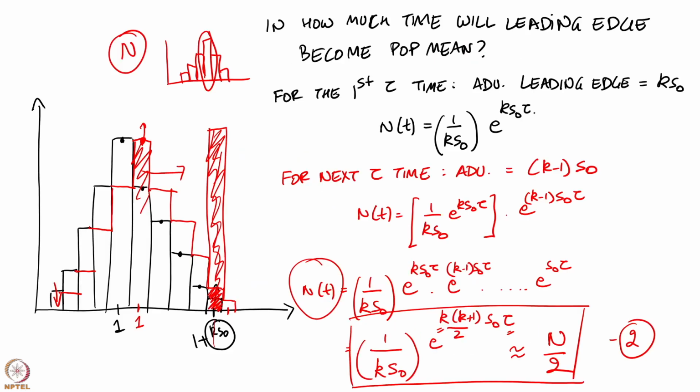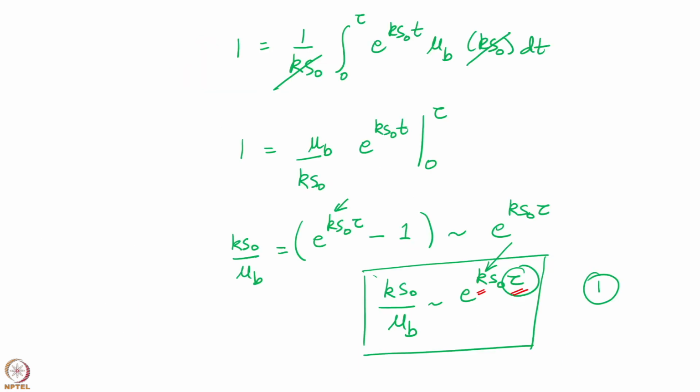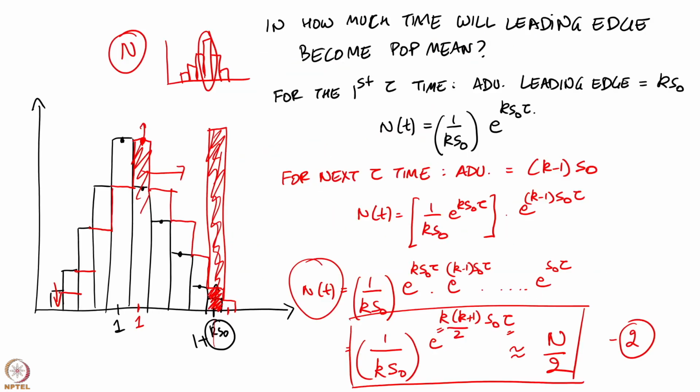In the exercises for this week, we will have several values of N, S naught, and in this case mu b, and that will give us a sense of how wide these distributions are and what the typical values of k and tau are, and that will give us an idea of how fast these waves are moving to the right.